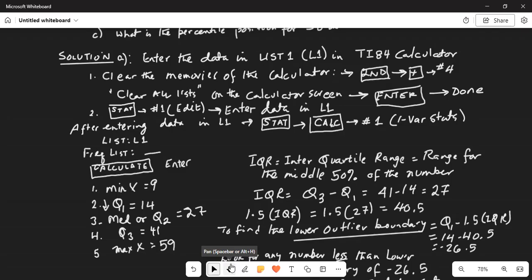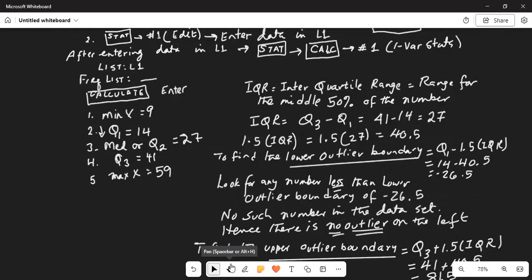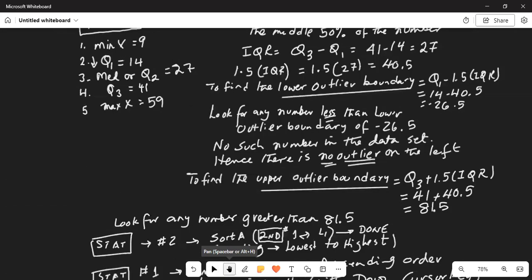Then we calculated the interquartile range, the range of the middle 50% of the numbers, which is Q3 minus Q1. Then we multiplied the IQR by 1.5. From Q1, we subtracted 1.5 IQR to establish the lower outlier boundary. Any numbers below it would have been an outlier. There's none in this data set.